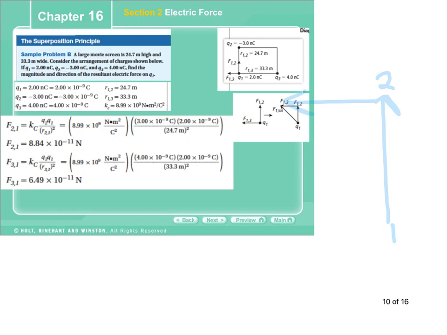So this one goes there. And then this one between 1 and 3 was the horizontal part of our thing, and it ends up in that one. So those are the two legs of a right triangle.